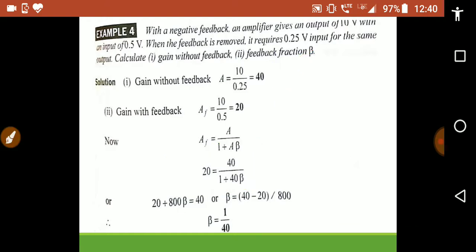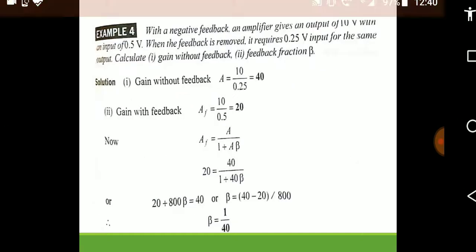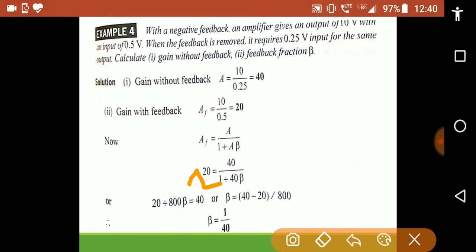So rearranging the equation, multiply this by this, this by this. So we have 20 multiplied by 1 plus 40 beta equal to 40. So 20 plus 800 beta equal to 40.